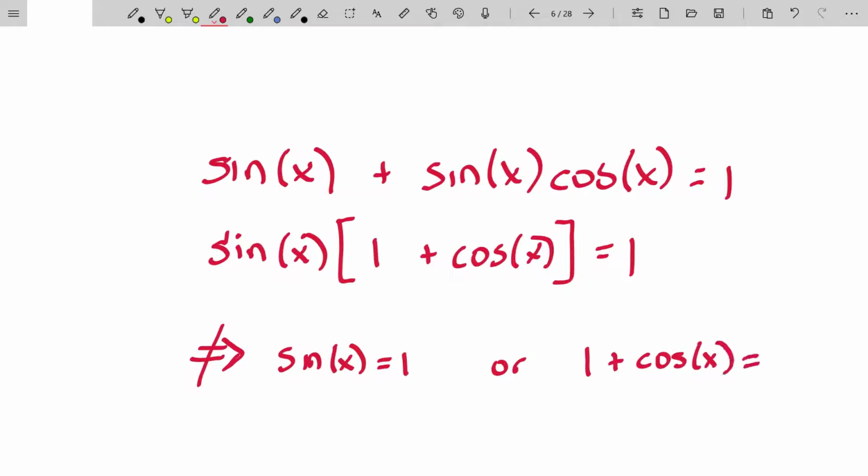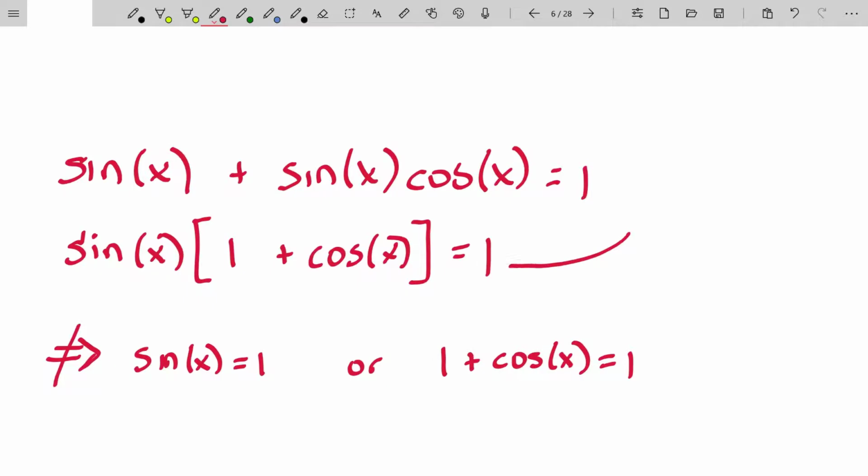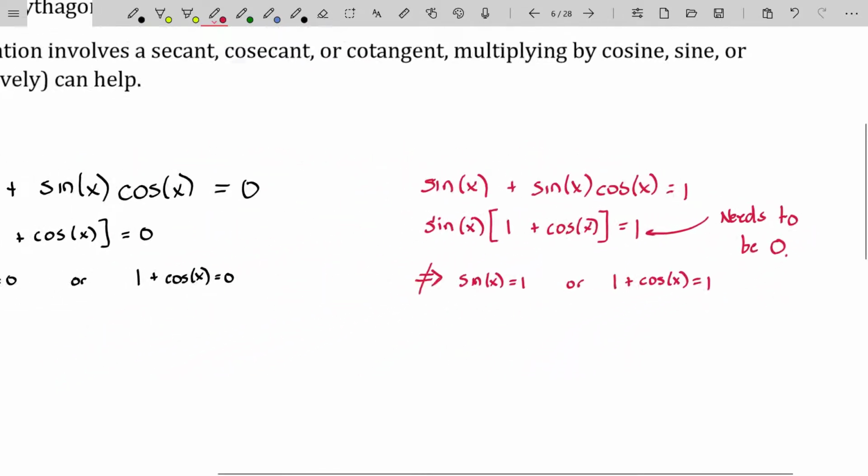Just because two numbers multiply to become 1, it doesn't mean that one of the numbers has to be 1. One of the numbers could have been 2 and the other one could be 1/2. So we cannot use that property of setting each factor equal to the right hand side unless that right hand side is 0. So the right side needs to be 0. That's a kind of a warning.